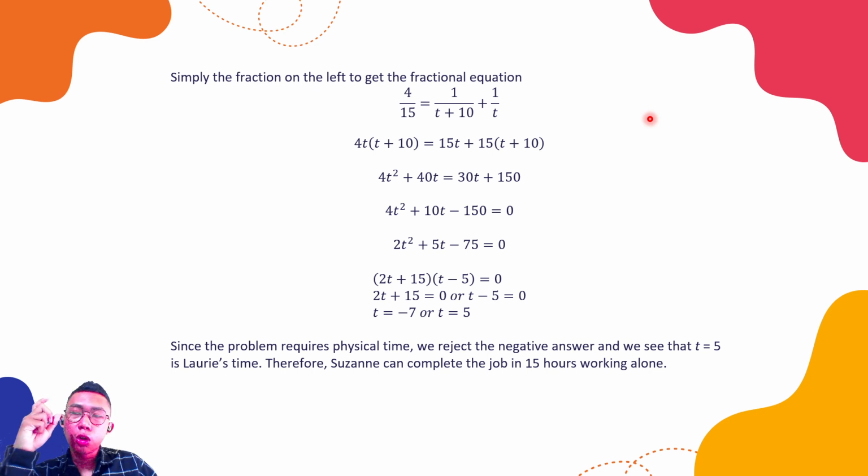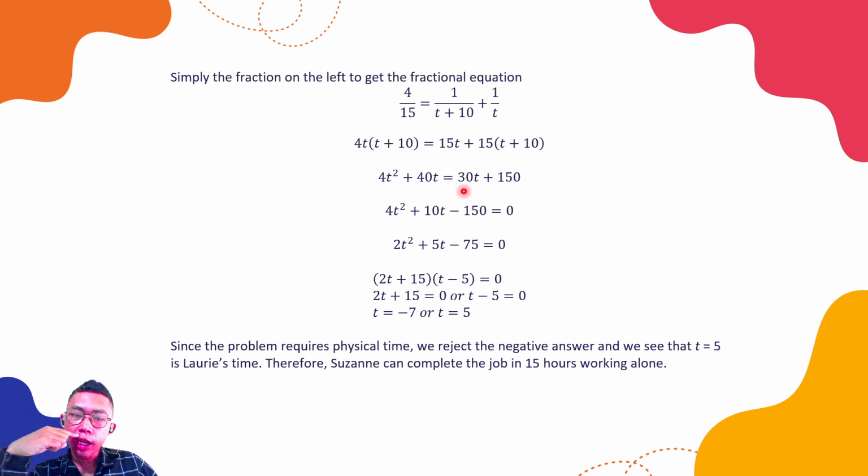We multiply both sides by 15t times the quantity t plus 10, so we have 4t times the quantity t plus 10 is equal to 15t plus 15 times the quantity t plus 10. So we have 4t squared plus 40t is equal to 30t plus 150.